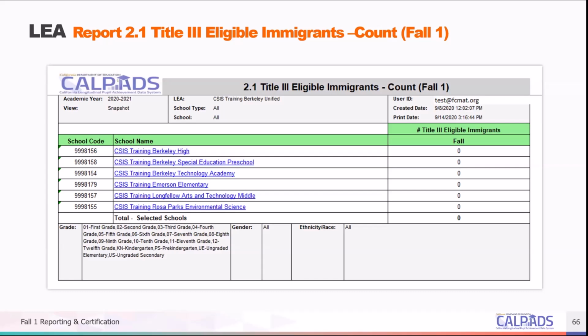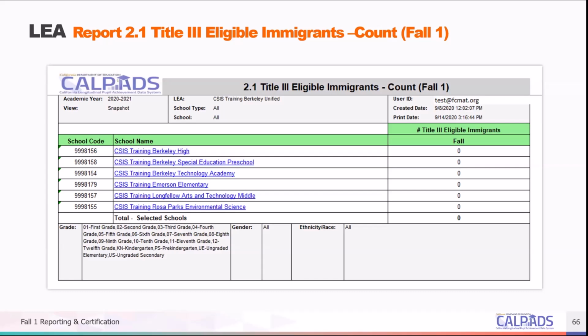And then, of course, their ages 3 through 21. A lot of the Title III programs are ages 3 through 21. So if you have a Head Start program at your school, you might have eligible immigrants at your Head Start program. They're not yet in TK, they're not yet in kindergarten, but they're eligible, and it should be reported.